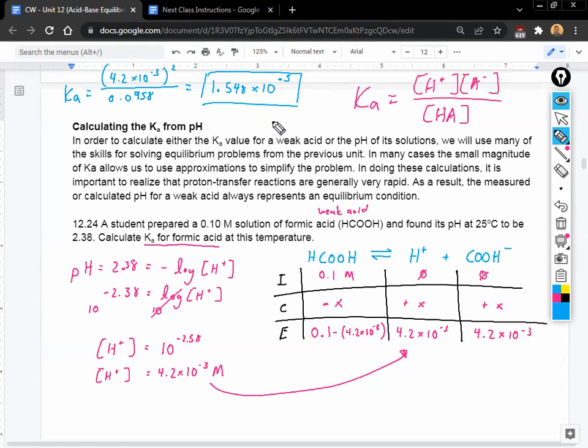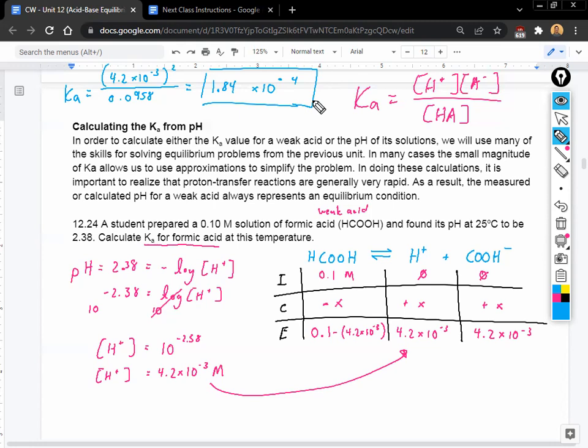Wait, that's not what I got at all. 1.84 times 10 to the negative 4. Right? Oh, Mr. O, you're so dumb. 0.0948. Yeah, this should be correct. Yeah, 1.84 times 10 to the negative 4.